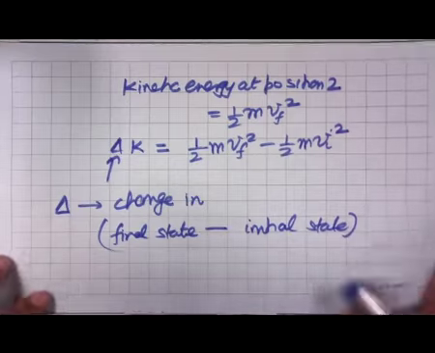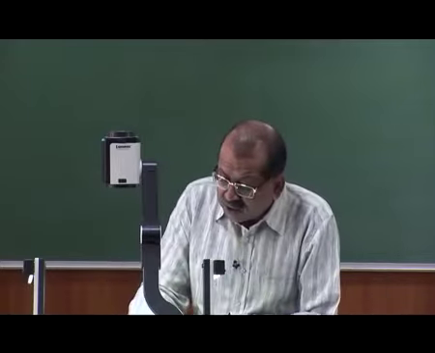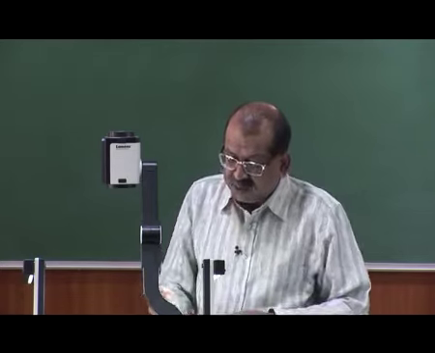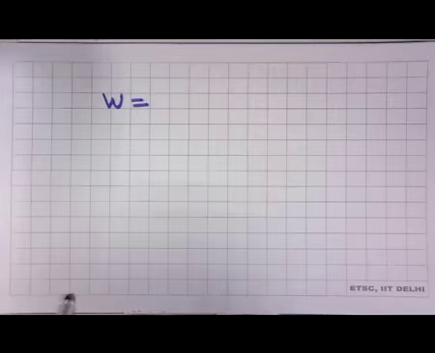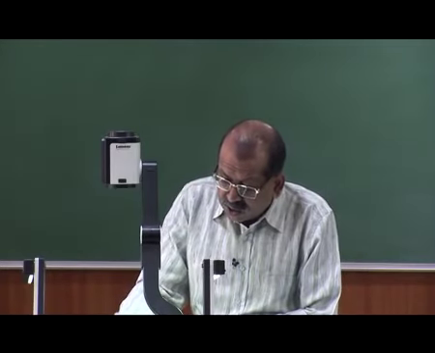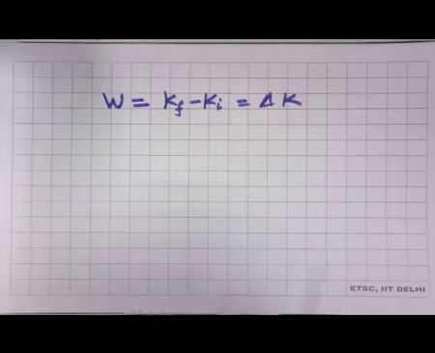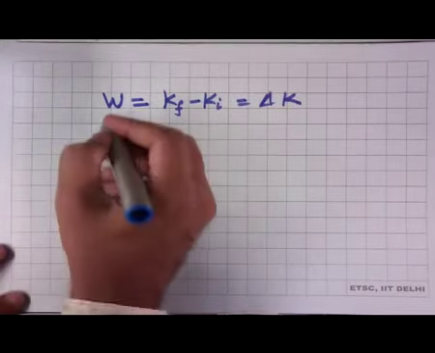And the work kinetic energy theorem, or the work energy theorem, tells us that the work done by forces when the particle moves from state 1 to state 2 is equal to the change in kinetic energy, and this is simply the work energy theorem.